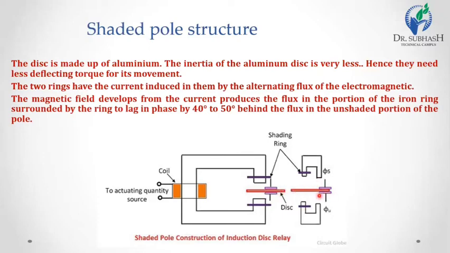The inertia of the aluminum disc is very low, hence it needs less deflecting torque for its movement. So this shading ring operates on less flux and it will rotate. The two rings have current induced in them by the alternating flux of the electromagnet.